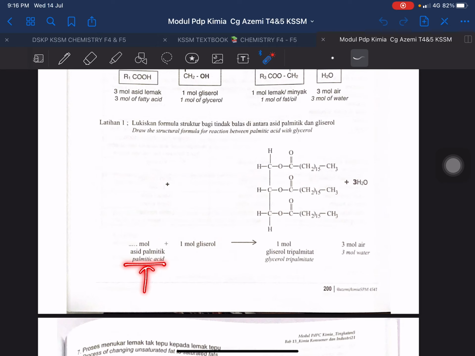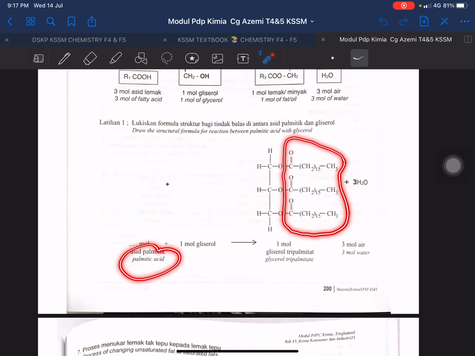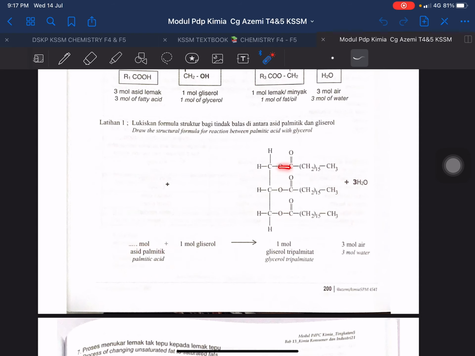I will show you later in the textbook. But actually you know already: this is glycerol, where it has OH. Then this one is palmitic acid. You don't know what palmitic is, but you know this one has OH.